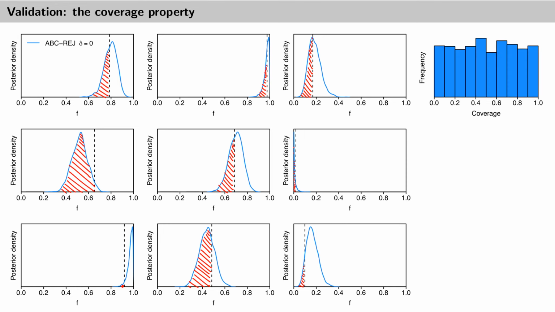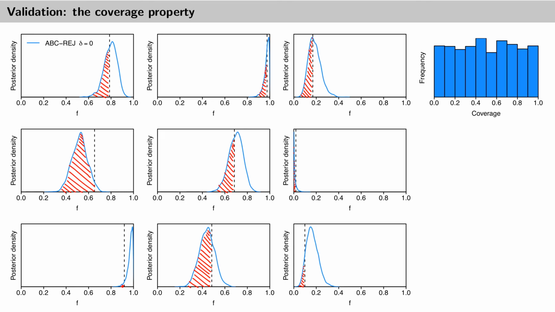Shown here on the right is a histogram of this area across 1000 simulations, each conducted with a parameter value f drawn randomly from the prior distribution. As you can see, this distribution here is at least approximately uniform, and that suggests that the ABC rejection sampling posterior with delta equals 0 is a pretty good approximation of the true posterior distribution.